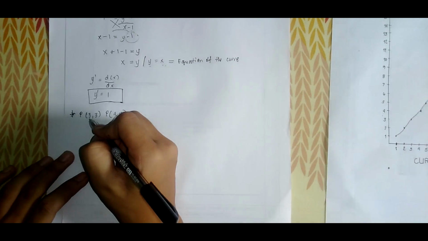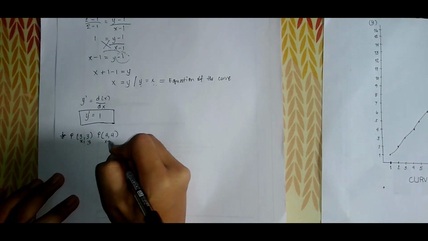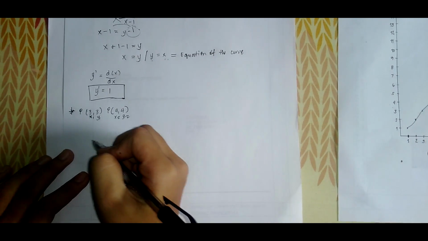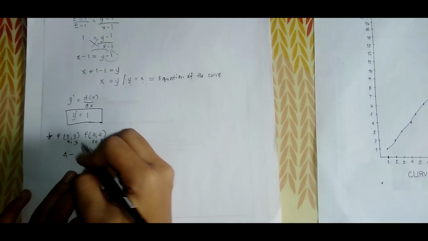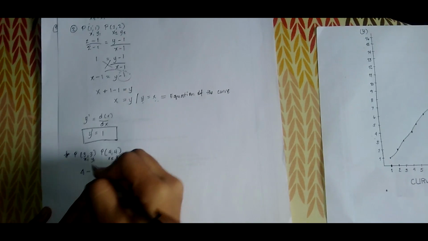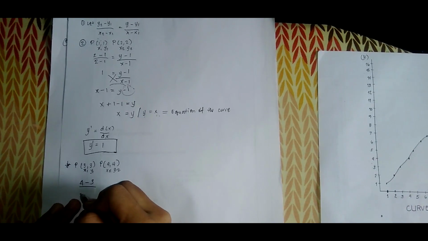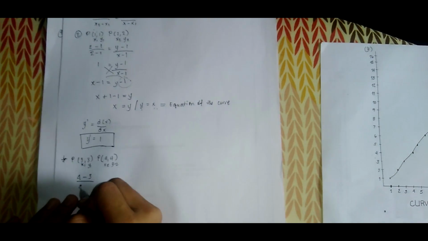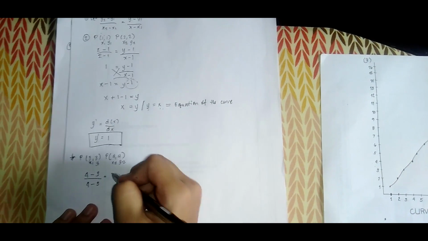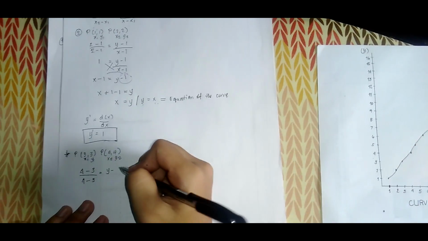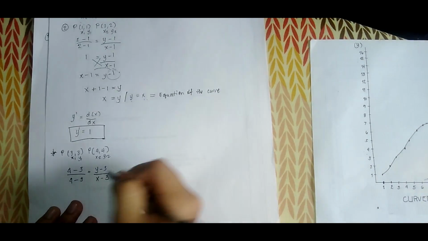So, substitute yung x sub 1, y sub 1, x sub 2, y sub 2. y sub 2, 4 minus y sub 1, which is 3, over x sub 2, 4 minus x sub 1, 3 equals y minus y sub 1 over x minus 3.